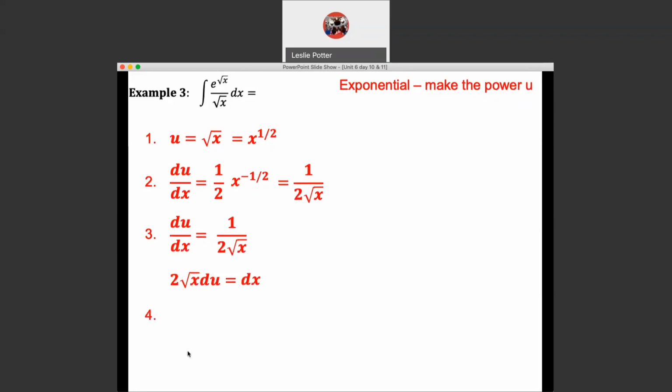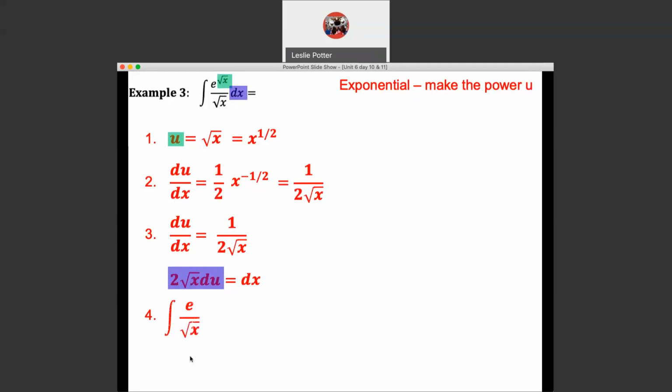So let's do that substitution here. For this u, I'm going to put it up here for root x. I'm going to leave this alone because I'm going to substitute this in for dx, 2 root x du, and the root x's will cancel.